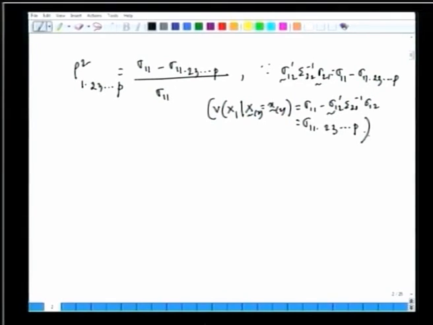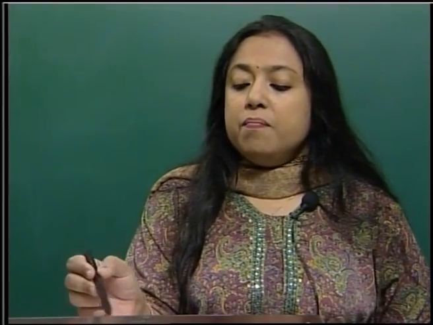Right. So, because of this fact, the square of the multiple correlation coefficient is the unconditional variance of x1 minus the conditional variance of x1 conditioned on x2, divided by the unconditional variance.